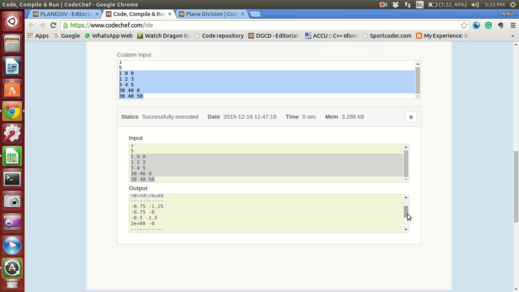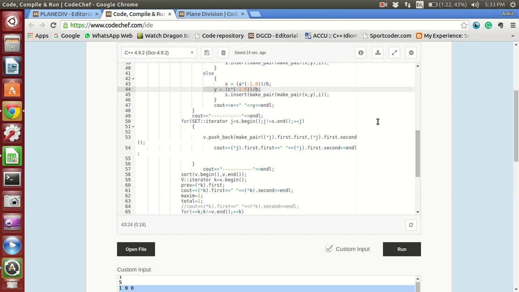If we see carefully, we would see only 4 values. Why? Because one duplicate value is neglected, that is, these two values, this and this, are the same, right? So the map has deleted one of them, so we have these 4 values. Now we store these values into a vector which we have previously declared, by pushing the values.